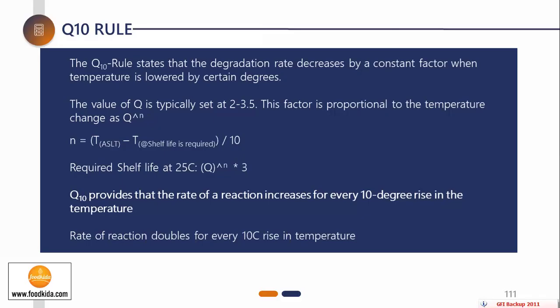That is your N. Your Q, basis your product, can be 2, 2.5, 3, 3.5, raised to N, into 3, gives your required shelf life at 25 degrees centigrade. Here the required temperature is 25, here it is 40. So 15 divided by 10 is 1.5. Q is 2 raised to 1.5 into 3 will give me the required shelf life.